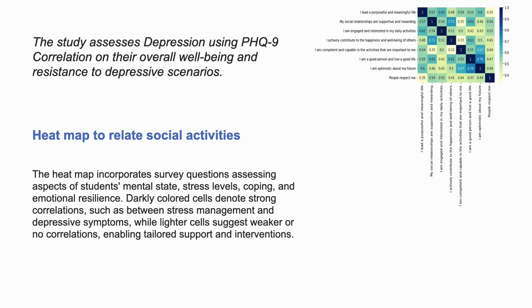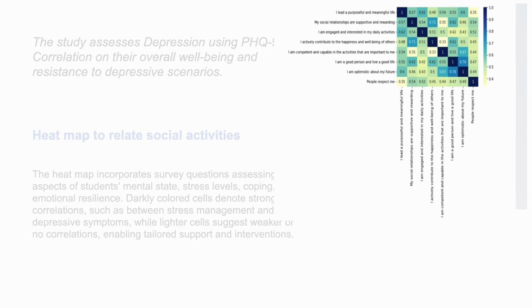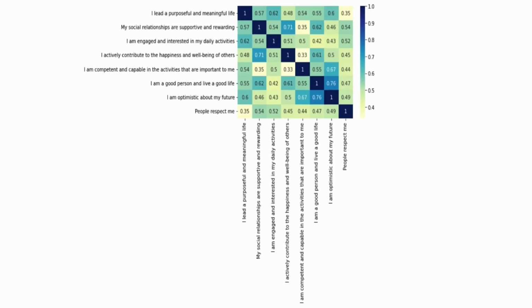Darkly colored cells denote strong correlations, such as between stress management and depressive symptoms, while lighter cells suggest weaker or no correlations, enabling tailored support and interventions. Let's take a closer look to understand it better.